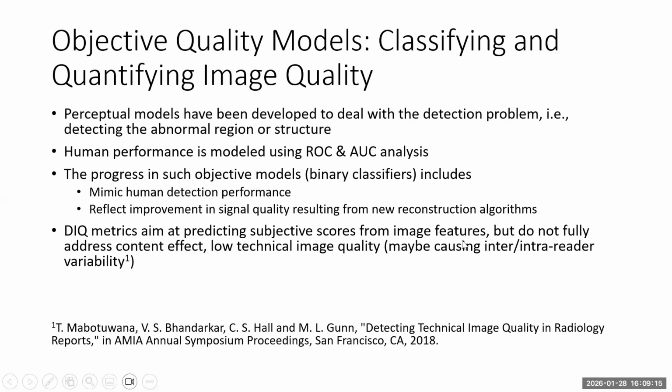You could do that from image features because, for example, you can control brightness, sharpness, noise, and so on. But there are other issues like content effect, inter and intra-reader variability. There's a lot of things that happen, and this has become evident in studies.